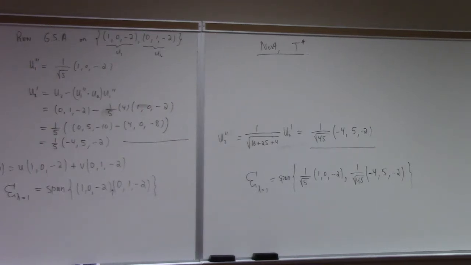If they're real, it doesn't matter. The real inner product is symmetric, but the complex is conjugate symmetric. So there's a distinction between A inner product B and B inner product A. They're complex conjugates of one another in the complex case. So which one would you put first, U1 or U2? I don't remember right offhand. I have to work it out.